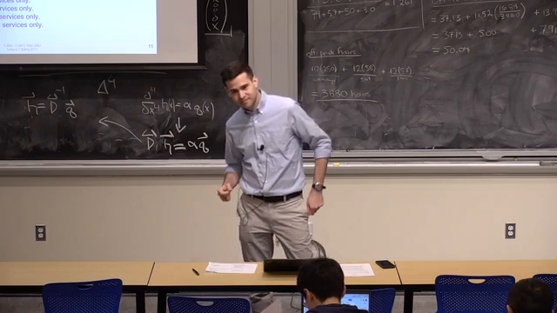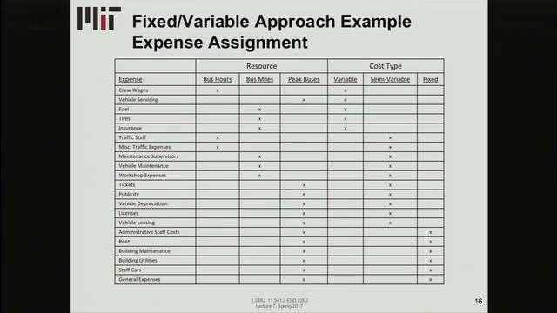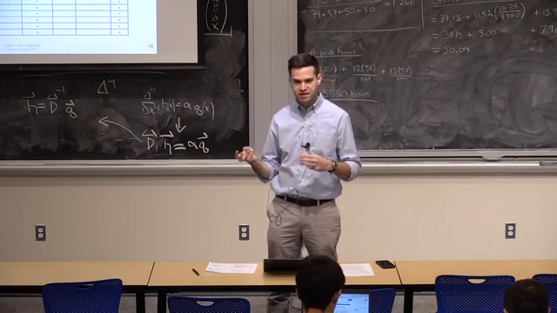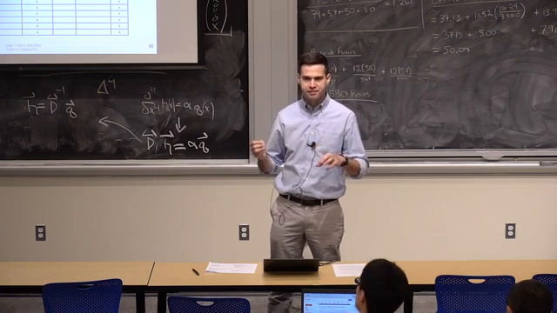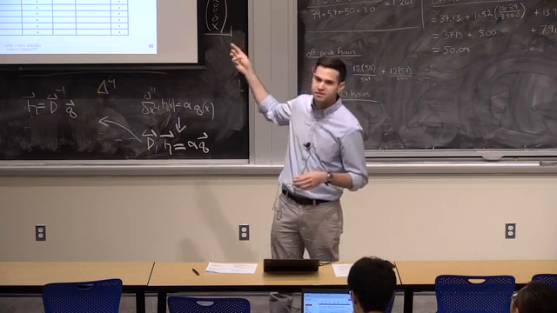Yeah. On the last slide, when you were talking about peak buses, is it indicative of agency size? Yes. So in this example, we have 9 explanatory variables, which are the combination of the 3 resource variables and the 3 cost types. But if you go back to the first example in this lecture, we have 3 explanatory variables: bus hours, bus miles, and peak buses.